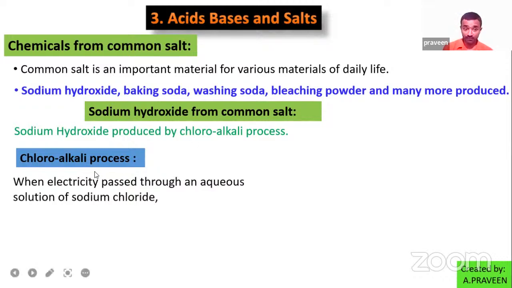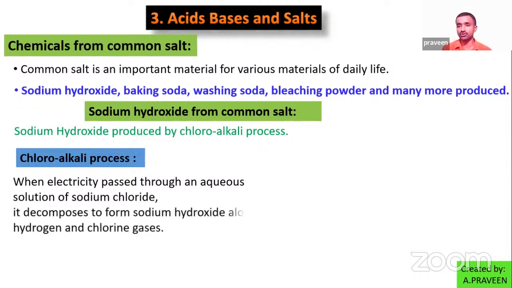Here simply, when electricity is passed through an aqueous solution of sodium chloride, what happens? The sodium chloride solution, the brine solution, decomposes into sodium hydroxide and chlorine gas, along with hydrogen gas.